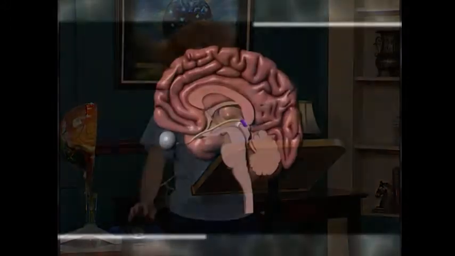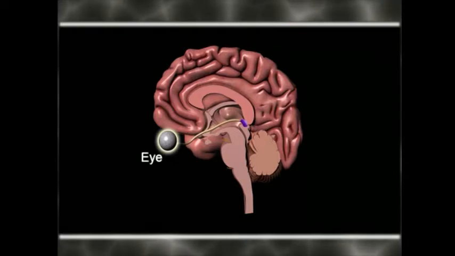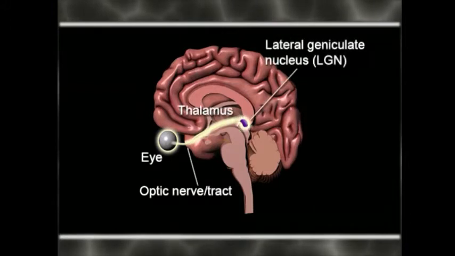First, let's look at the overall projection of the eye to the lateral geniculate. So this perspective isn't quite right, and in a few minutes you'll understand why. But this just shows that in our eye, we have axons which leave at the optic disc. These are retinal ganglion cell axons, which will form the optic nerve and tract and will project back to the lateral geniculate nucleus.